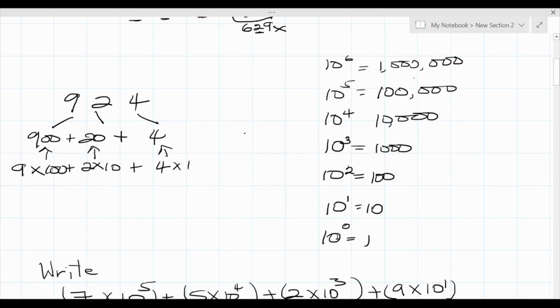So 10 to the 0 power is 1, 10 to the first power is 10, 10 to the second power is 100, 10 to the third power is 1,000, 10 to the fourth power is 10,000, 10 to the fifth power is 100,000, and 10 to the sixth power is 1,000,000.